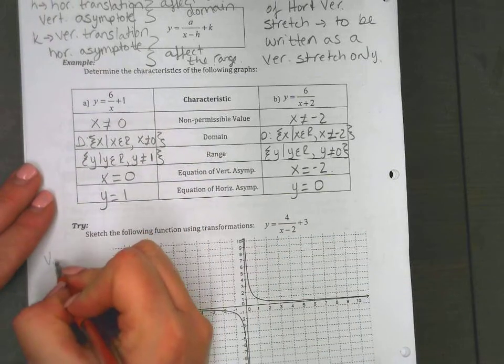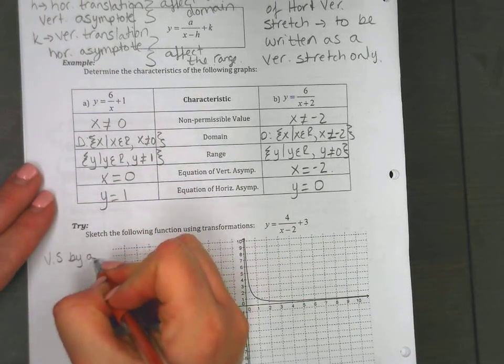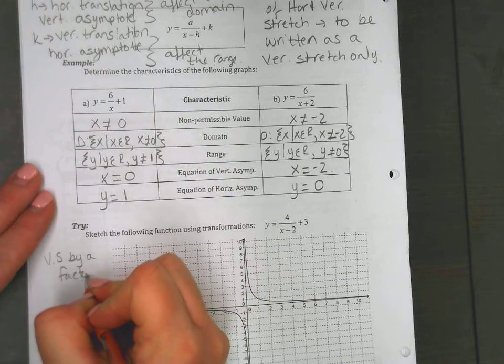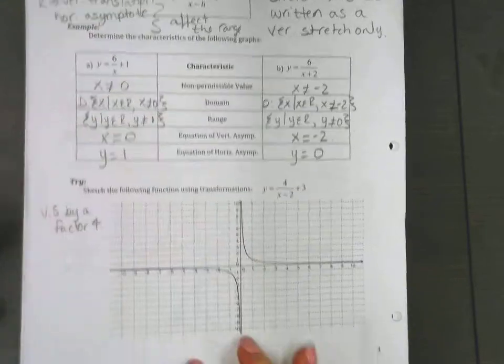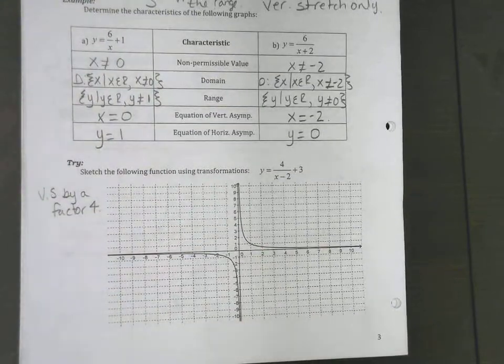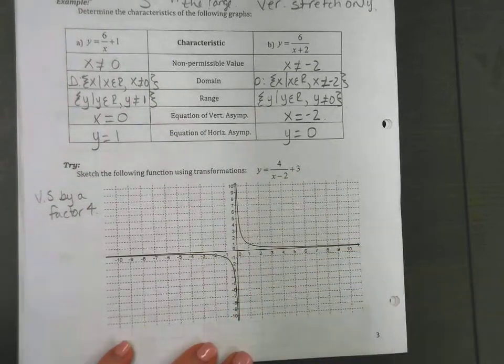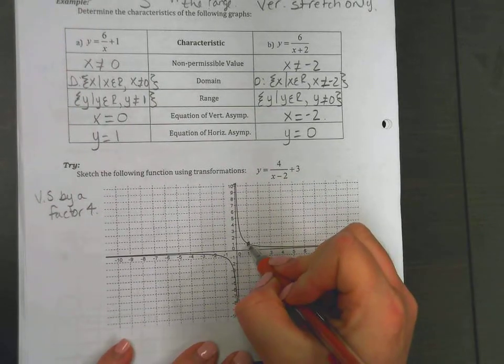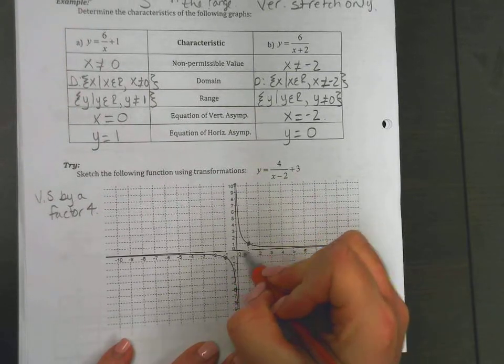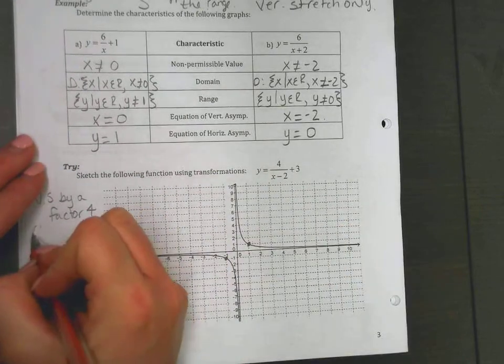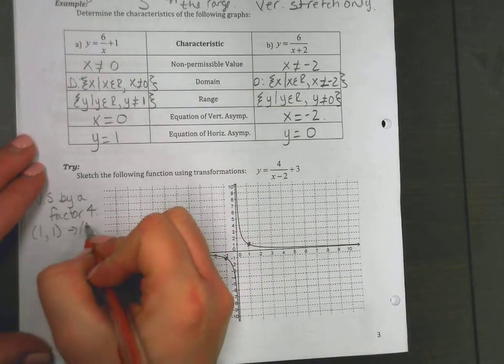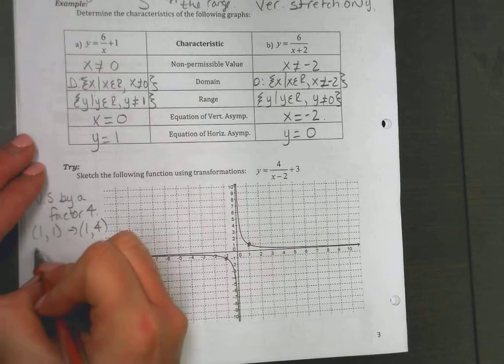If I were to consider this point, it's always key to work off these 2 points. 1, 1 is going to be 1, 4, and negative 1, negative 1 is going to become negative 1, negative 4. So I'm just going to highlight those points. These are my 2 new points after my transformation.